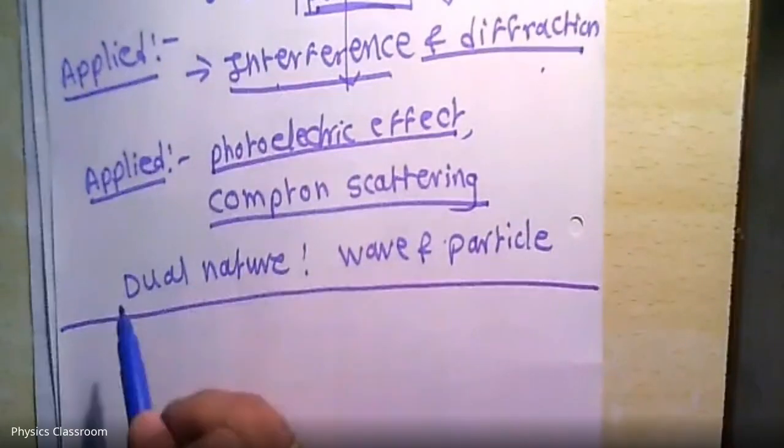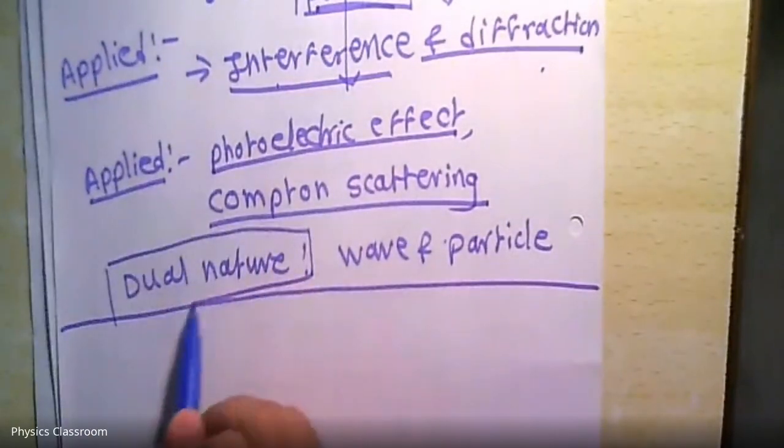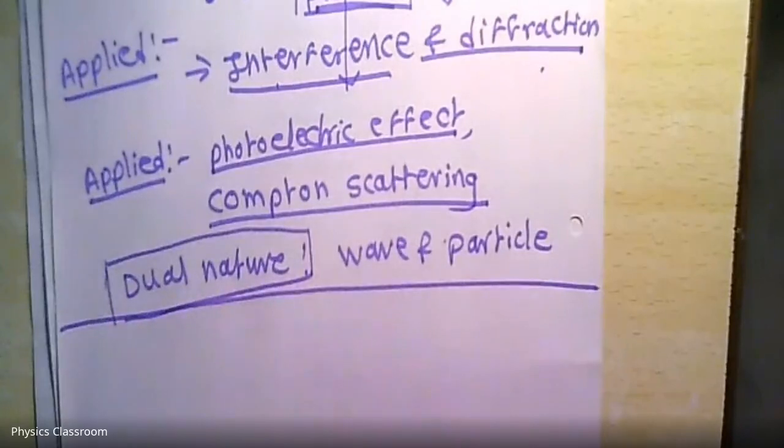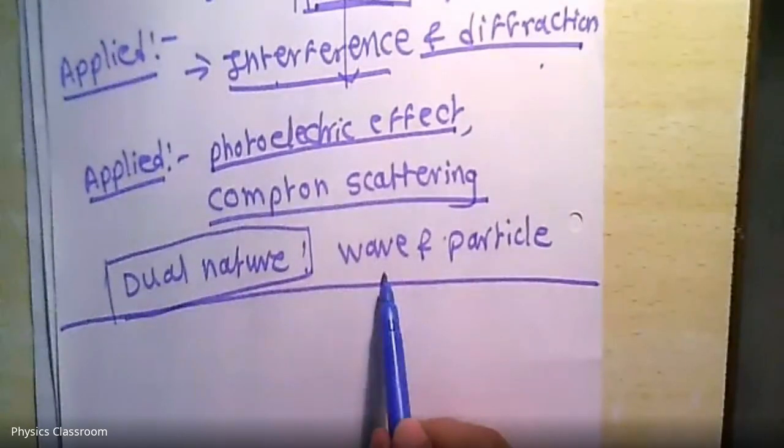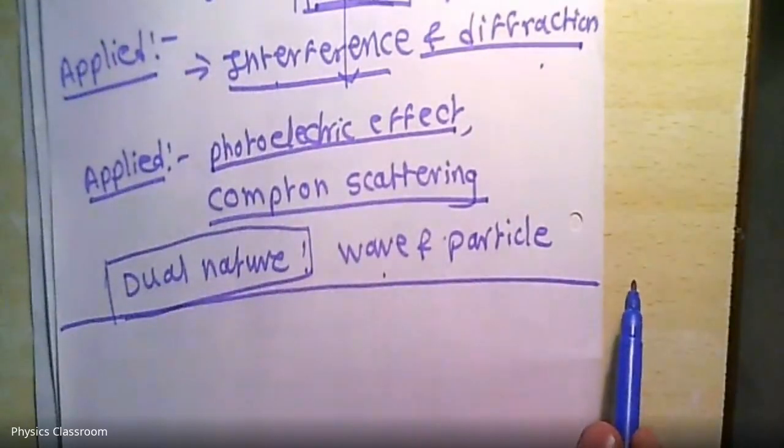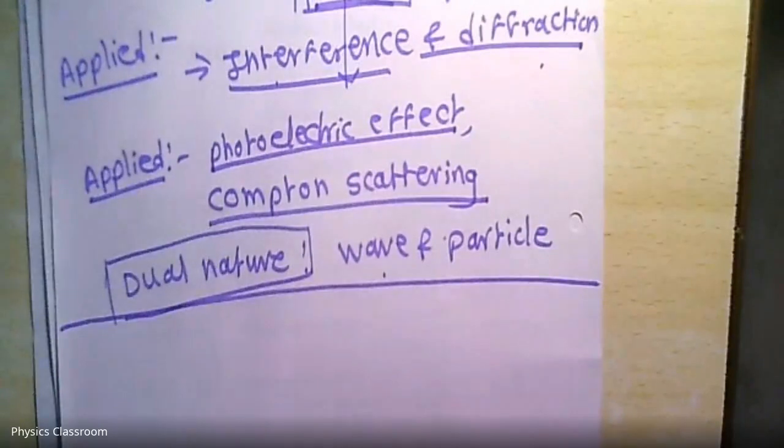Lastly, we move toward the dual nature of light, wave and particle. Light has wave nature and also particle nature, both. So we call it wave particle duality.